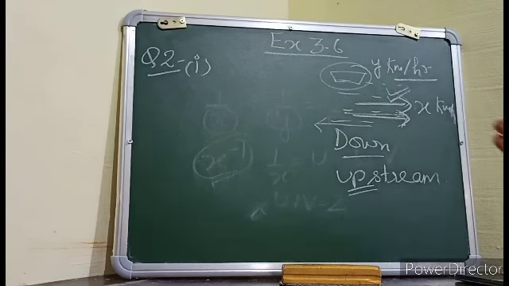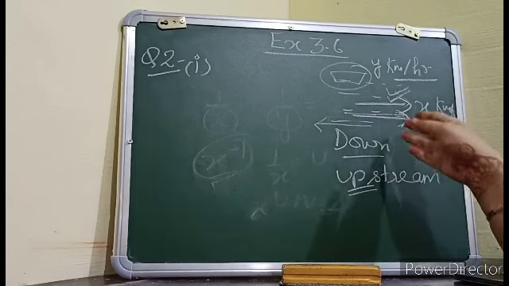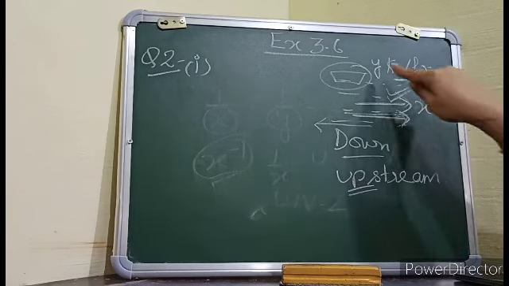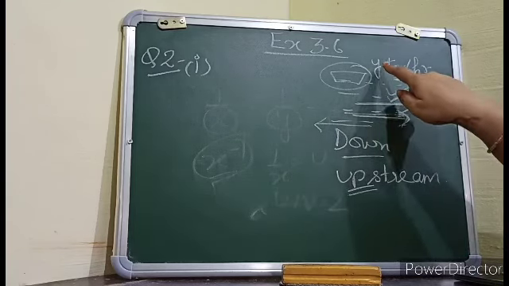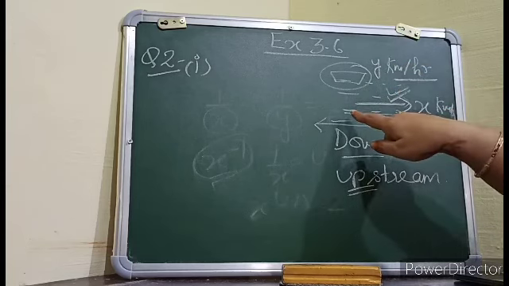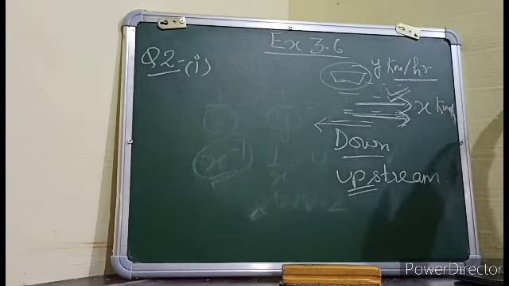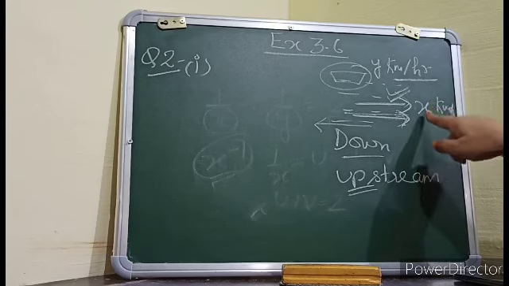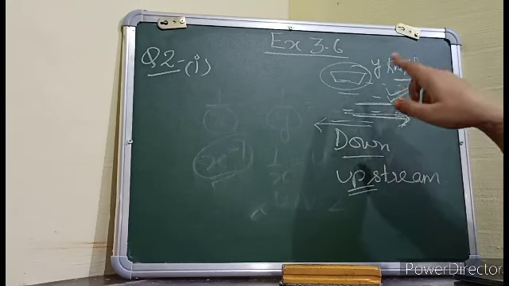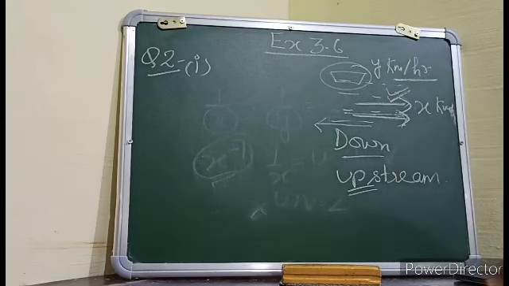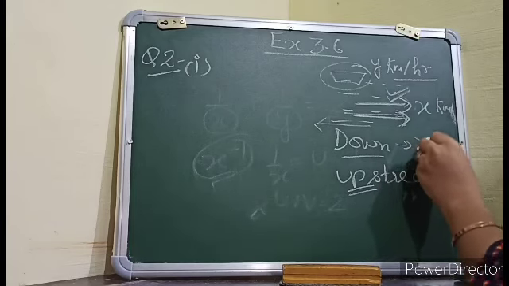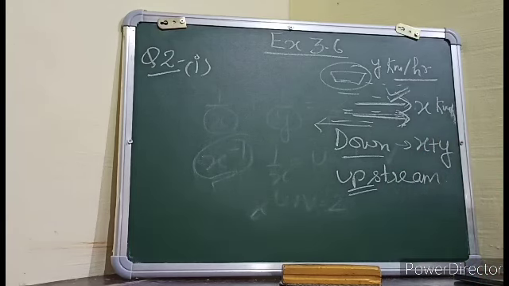So when they are moving together in the same direction, the boat's speed will be x plus y, because its own speed is y, but the water is also flowing in this direction with the speed of x, so it will be added together. So in the downstream case, the final speed will be x plus y.